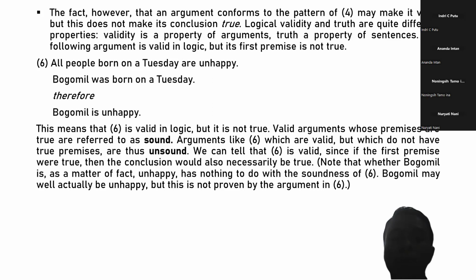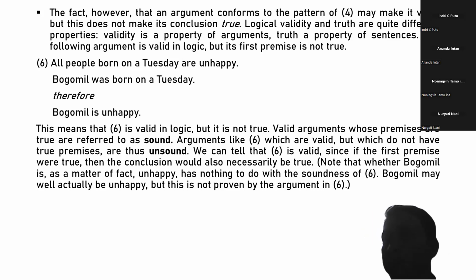Okay, for example, in 6, please have a look at the 6th one. All people born on a Tuesday are unhappy. Bogomil was born on a Tuesday. Please pay attention to these two premises. Therefore, the conclusion will be Bogomil is unhappy.